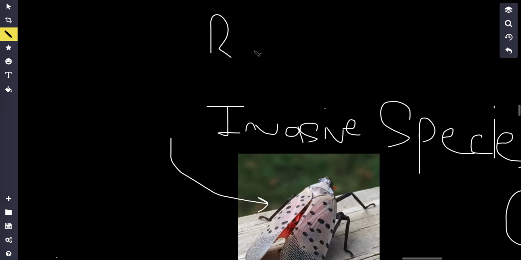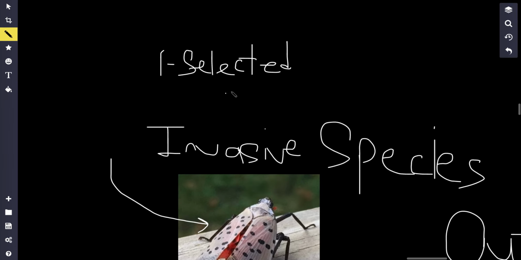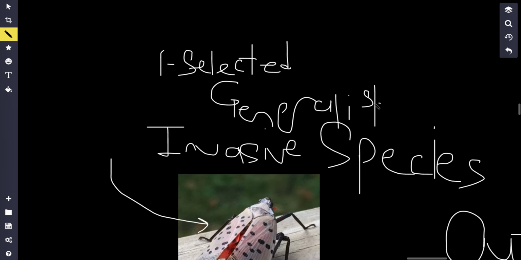Usually, invasive species are R selected, and they are generalists. R selected just means that the species provides little parental care to their children, and what they do is basically reproduce and have lots of kids.